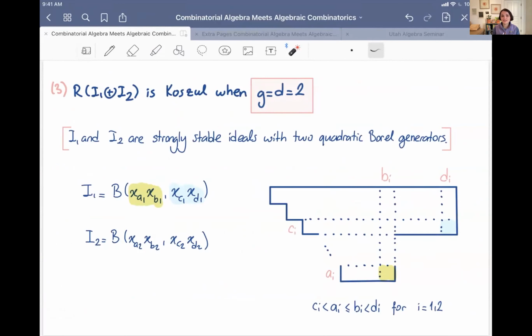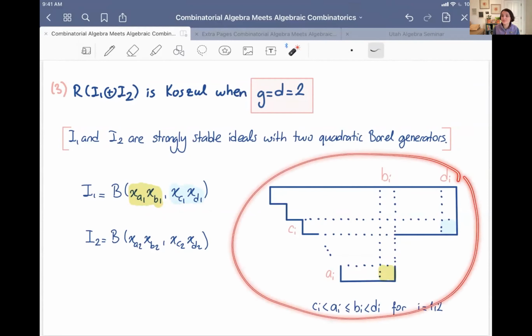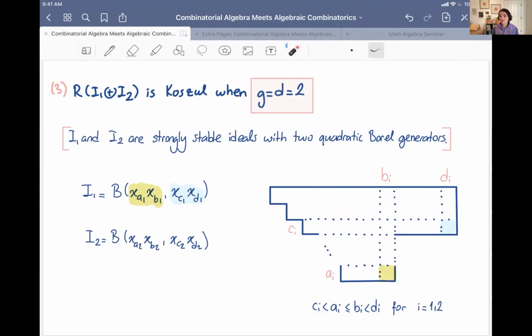What's nice about the case of strong and stable ideals with two quadratic Borel generators is you can express them in this way, right? So you have two Borel generators. We have x_{a1}, x_{b1} as the first generator and x_{c1}, x_{d1} as the second Borel generator. And we have these nice ladder diagrams to work with when we want to study these things.